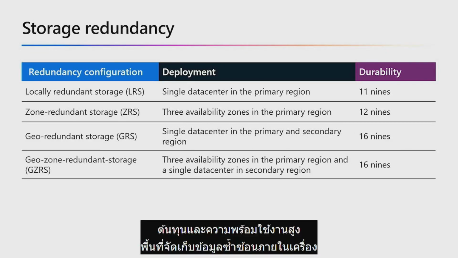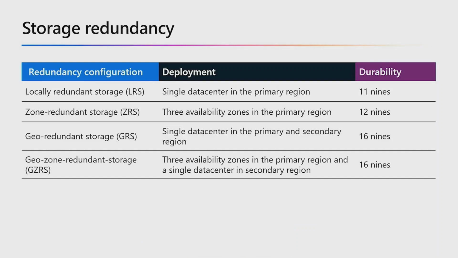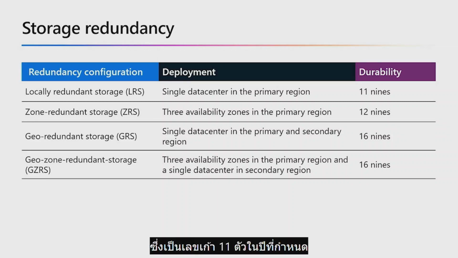Locally redundant storage (LRS) replicates data 3 times within a single data center in the primary region. LRS ensures object durability of at least 99.999999999%. That is 11 nines over a given year.